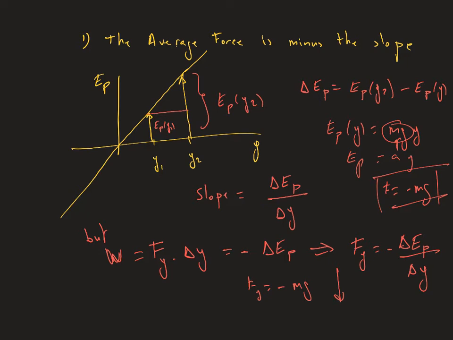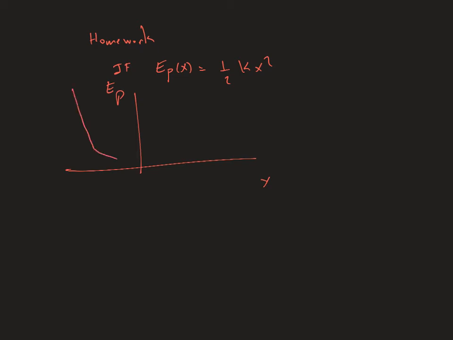I leave you as an exercise to do the same thing with the graph of the potential energy for the case of an oscillator, a spring. So, homework: if E sub p of x equals 1/2 kx squared, that is a parabola, okay?